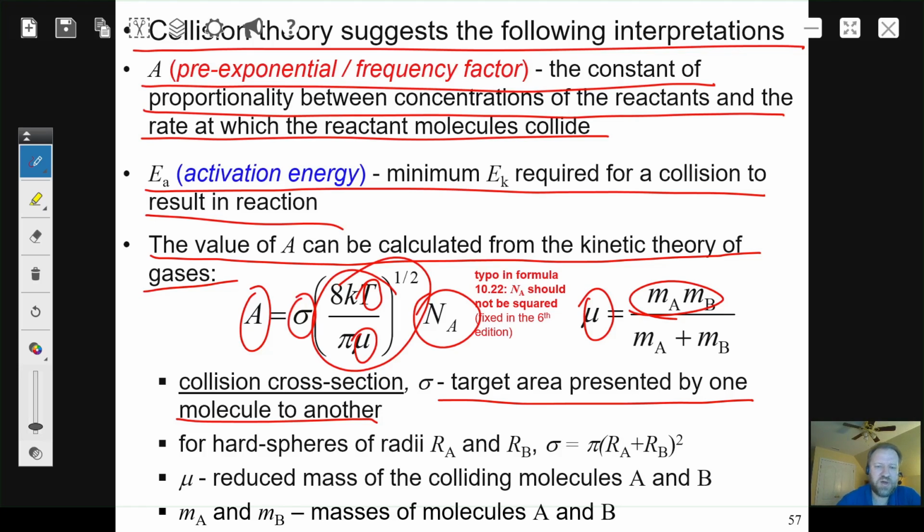Now, if our molecules are represented by hard spheres, and suppose the radii of those spheres are Ra and Rb, then the collision cross-section will be pi times r squared, where r is the sum of the radii of reactant species A and B.